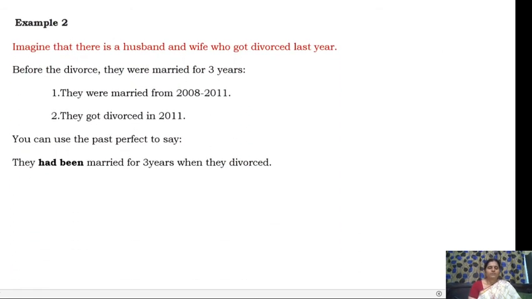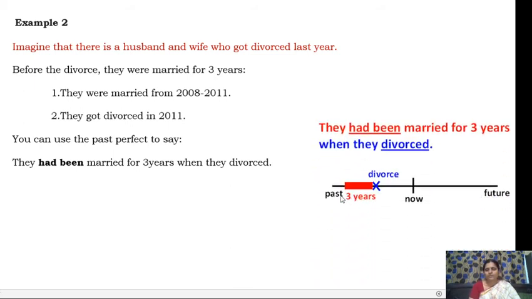Now let us see one more example. Before the divorce, they were married for 3 years. See the example sentence. They were married from 2008 to 2011. They got divorced in 2011. That means they were married for 3 years. You can use the past perfect to say they had been married for 3 years when they divorced.